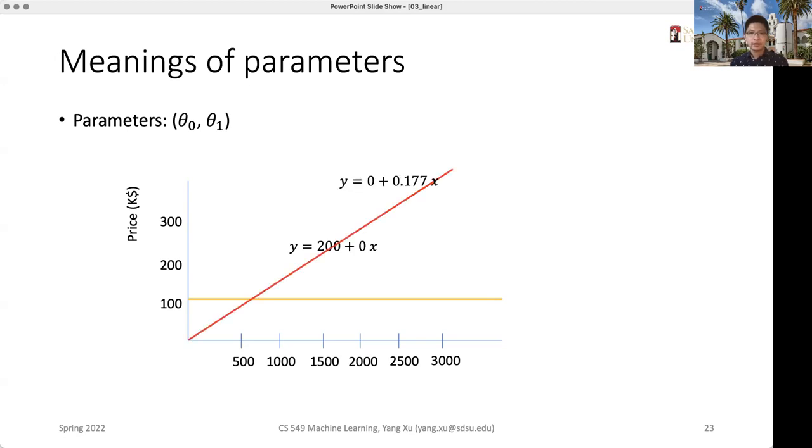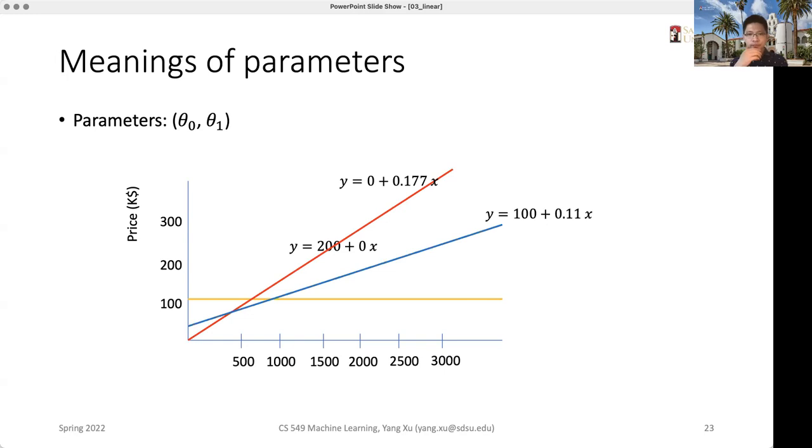The second case is y equals 0 plus a positive theta 1. A zero intercept means that the price of a house will decrease to 0 if we have a zero-size house. So that is also not realistic.